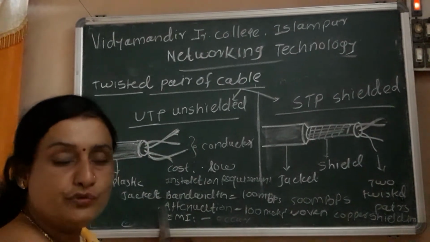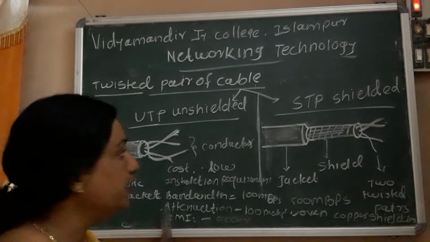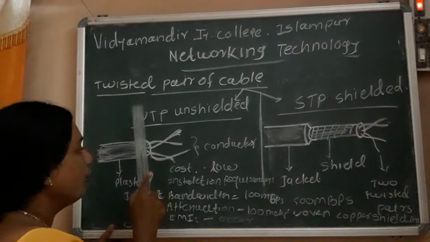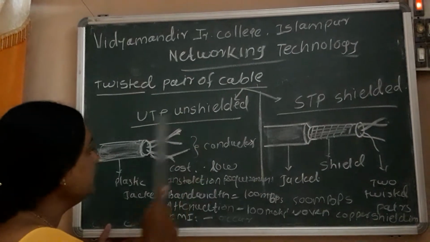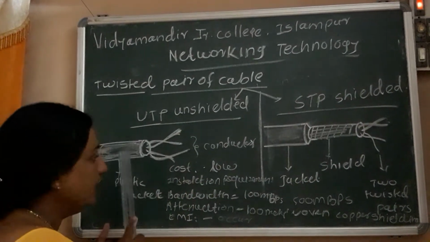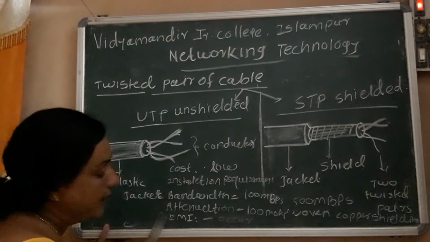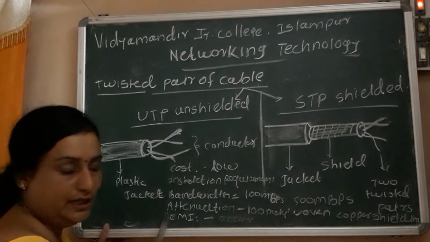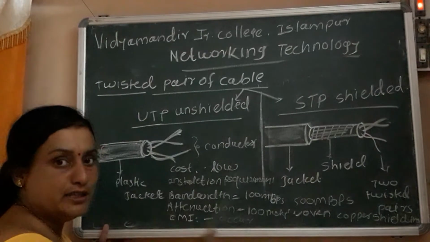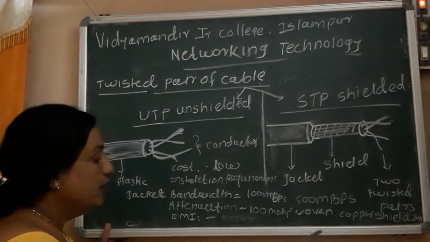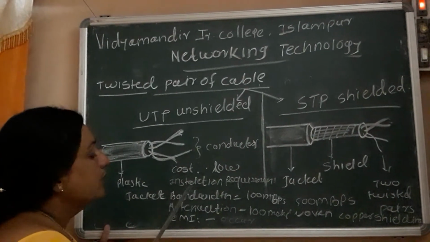When a question is asked, explain UTP cable, then you give the UTP cable introduction, draw this diagram, explain the construction of the UTP cable, and write the characteristics of the UTP cable. That is, low cost, easy installation.